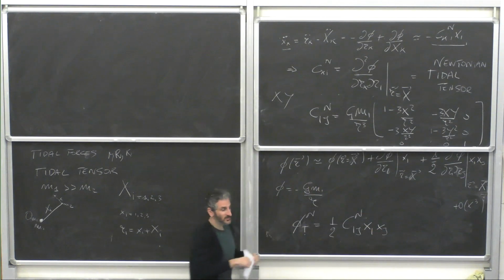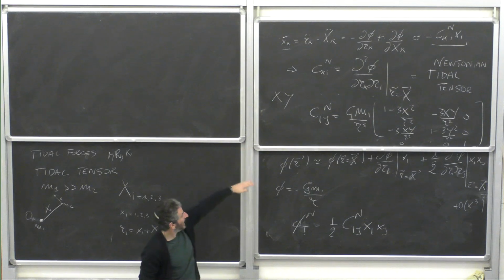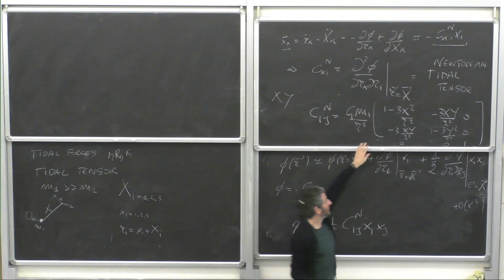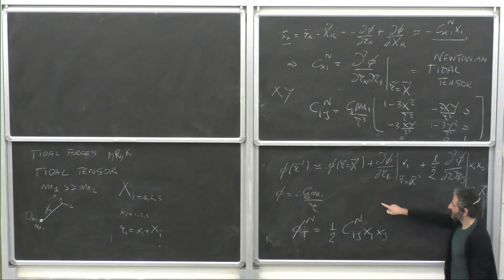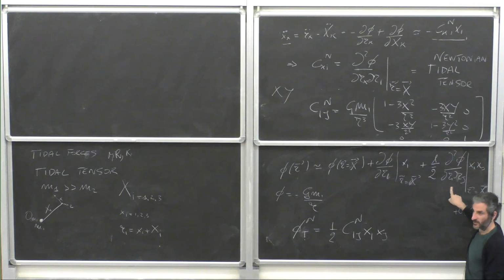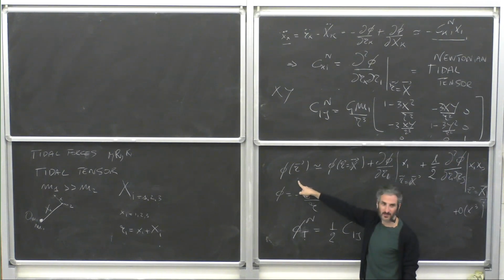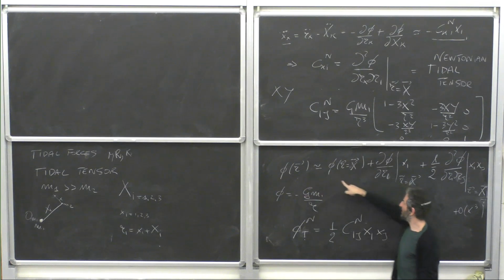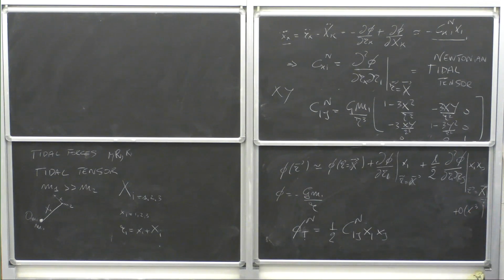That's the tidal tensor, and if you plug that expression into our expansion for phi, it will percolate here. So if you expand the Newtonian potential as we did, you encounter the Newtonian tidal potential, which is this object here.